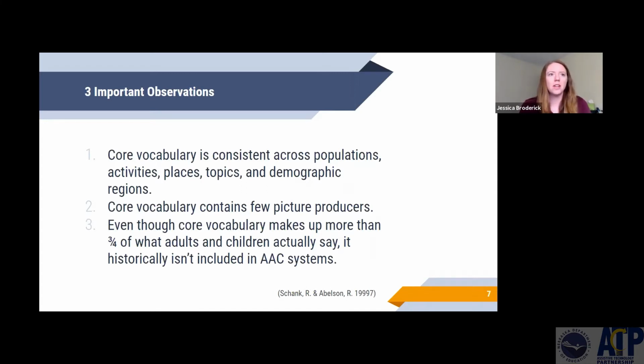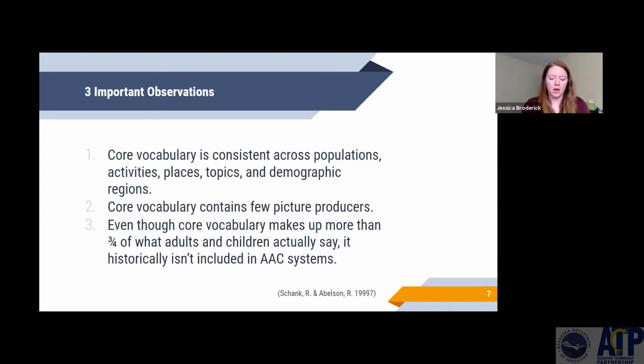So I think one of the things we do sometimes when we're first starting a language system or setting up an AAC system is think about what picture am I going to use for that? And so core vocabulary doesn't have a lot of things that produce pictures that are very intuitive. So if you're thinking about the word that, how do you represent that in a symbol?